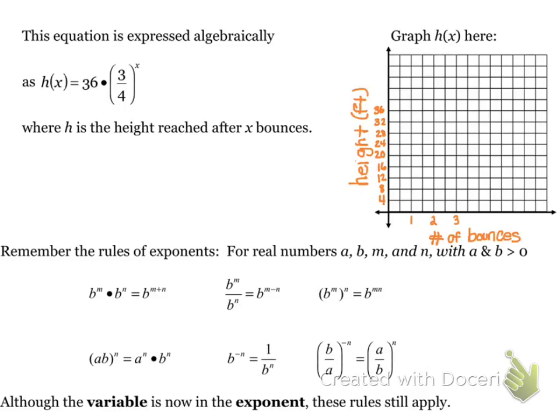And make sure that you label your axes accordingly. Okay, so looking back at that table, I have the point (0, 36). So this is where the ball is dropped from. Then I have the point (1, 27). So it's about right here.